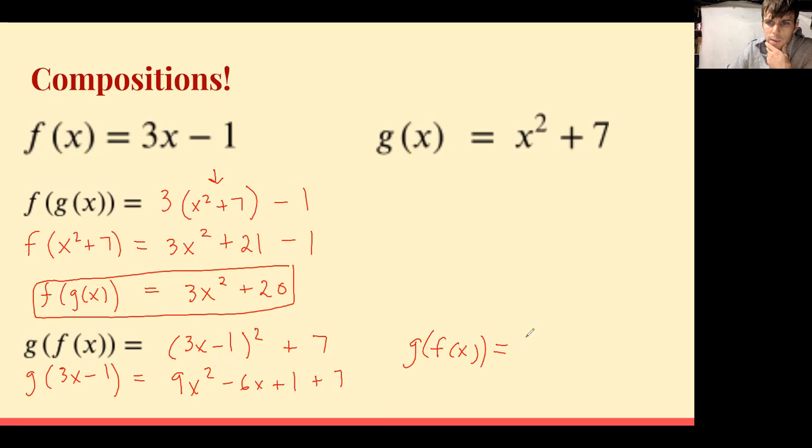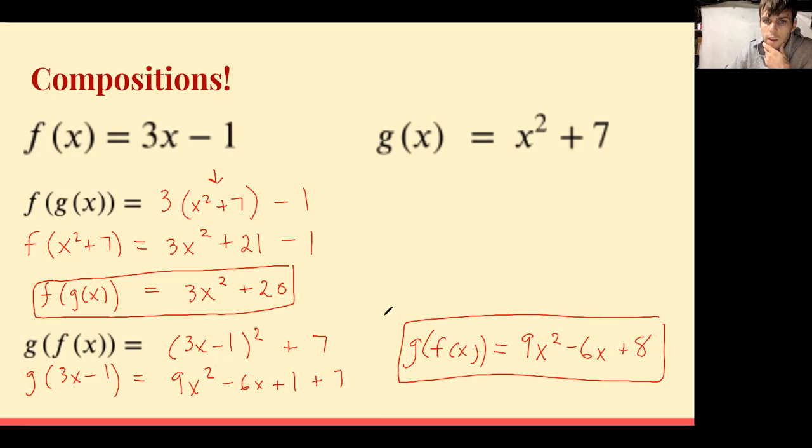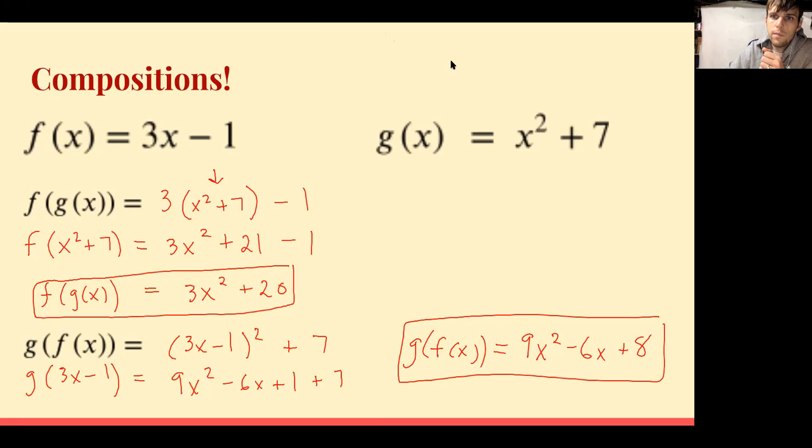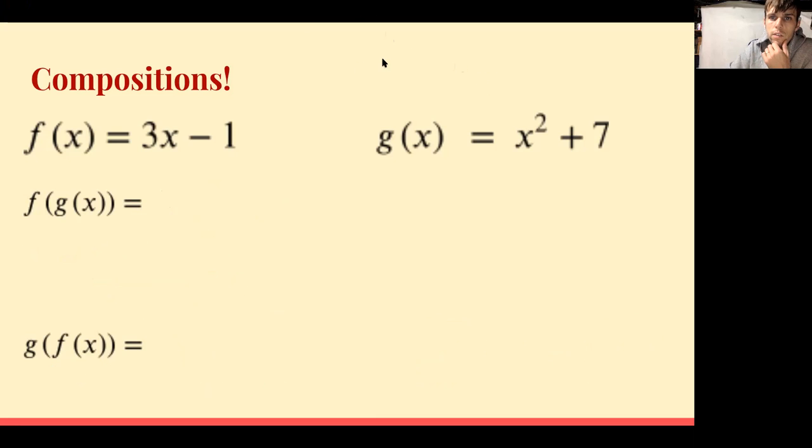All right, so that's going to be 9x squared minus 6x plus 8. Yep, and that is our composition the other way. Similar functions, but not the same. So the order was important here. Let's clear those.